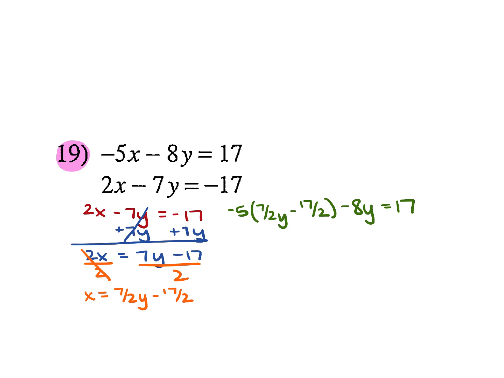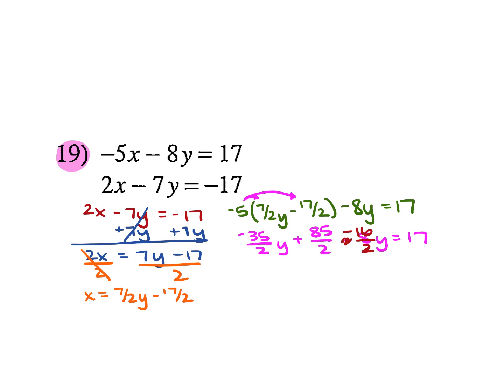I'm going to distribute the negative 5 in. So it's going to give us a negative 35 over 2y minus 17 times negative 5 is a positive 85 over 2, minus 8y is equal to 17. That 8y is the same thing as saying negative 16 over 2y. So I'm going to combine my like terms, that negative 35 and that negative 16 over 2.